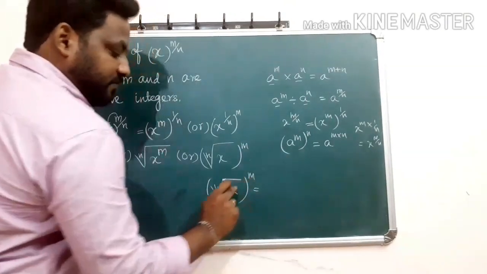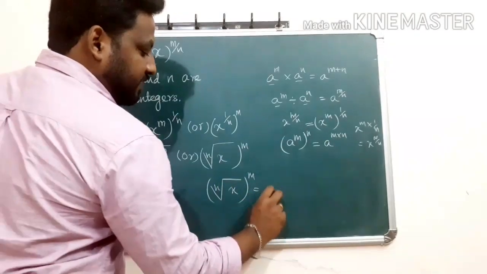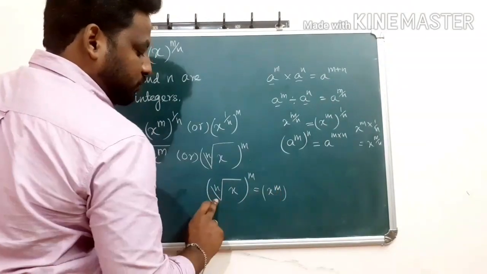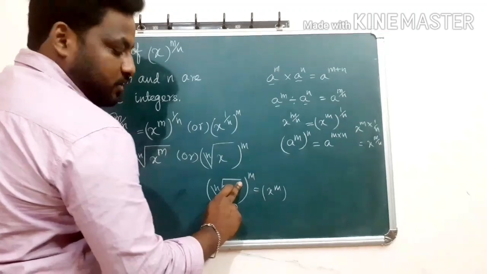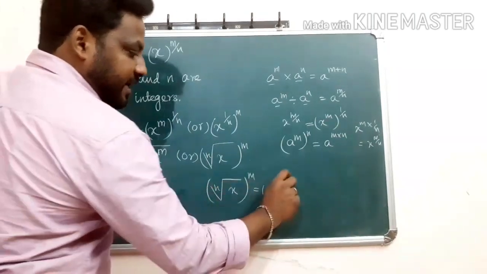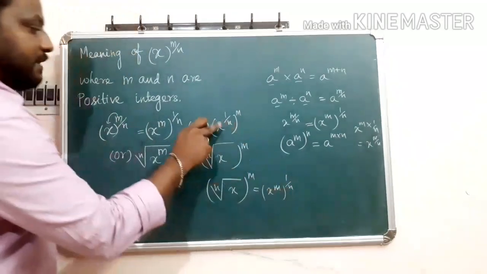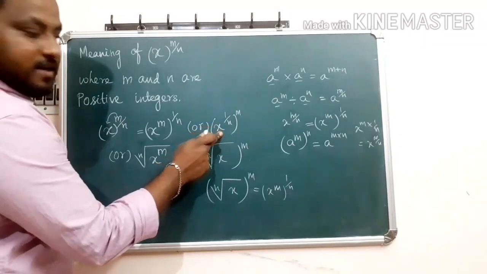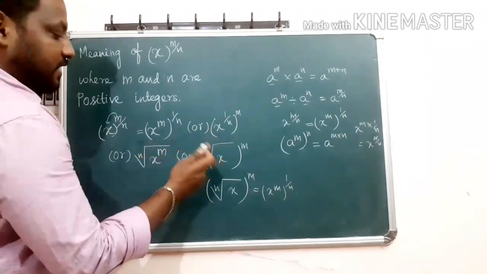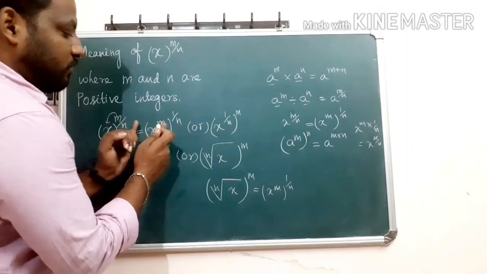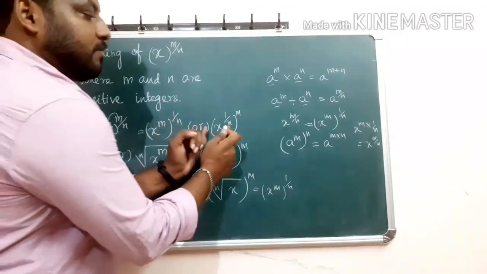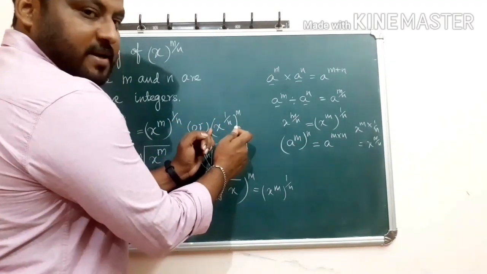So for the nth root we have to write 1 by n, the same way. Clear? Same representation. If it is mth term to nth term, we write this format, and nth term to mth term, we write this format.